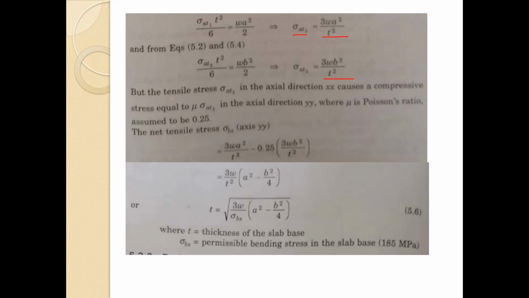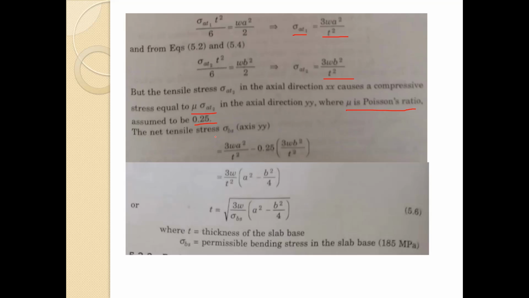But the tensile stress sigma b2 in the axial direction xx causes compressive stress equal to mu into sigma b2, because you might remember the formula for the lateral strain to the longitudinal strain. So here this mu comes into the picture. Mu is the Poisson's ratio, which we are assuming as 0.25.